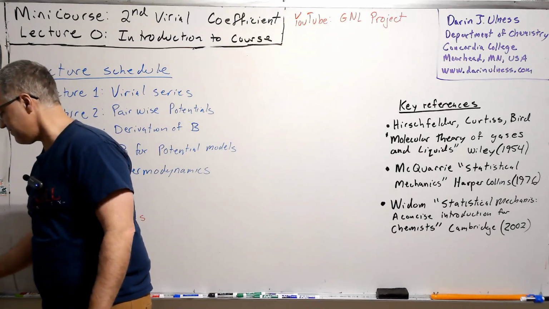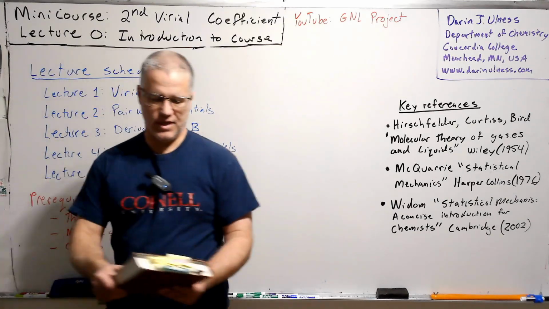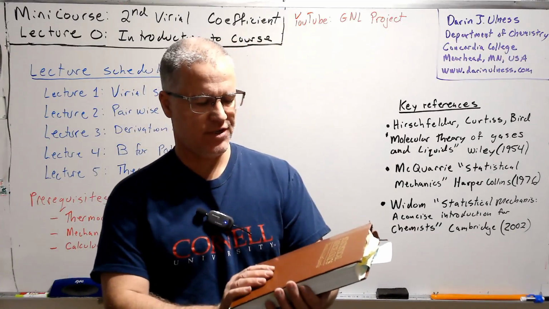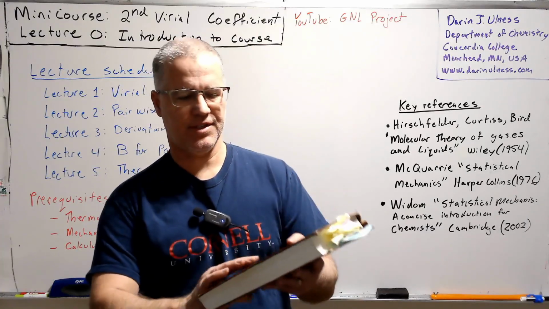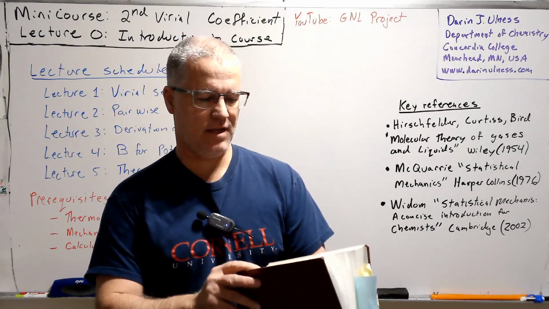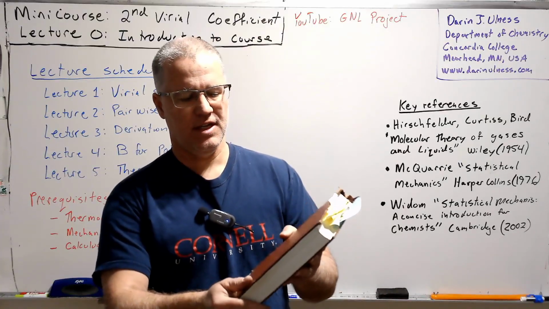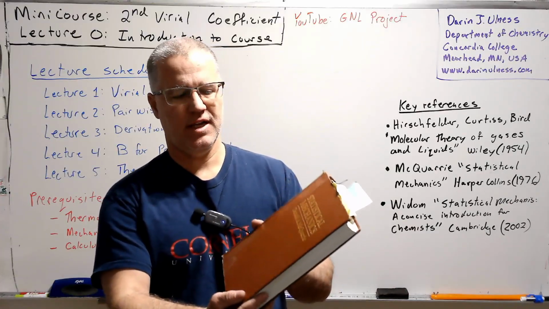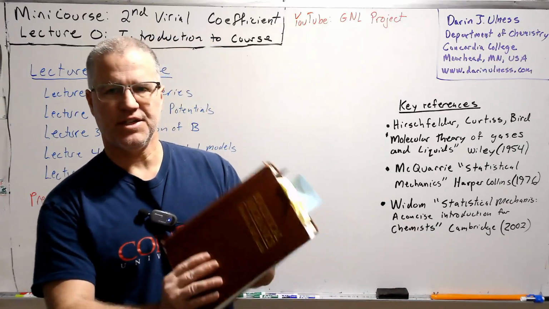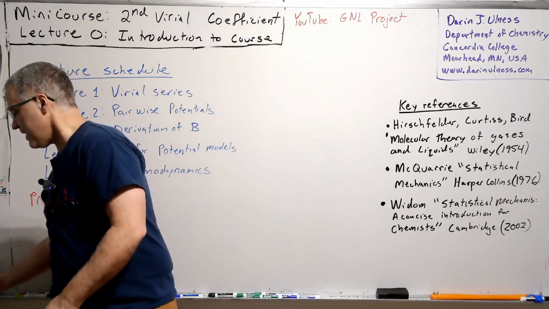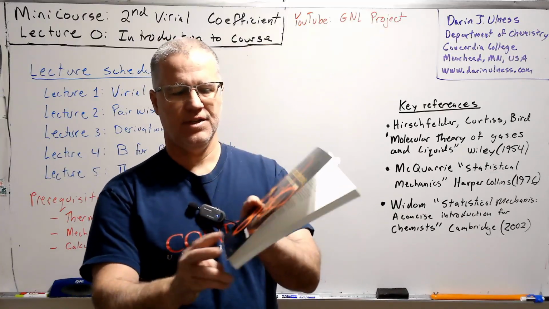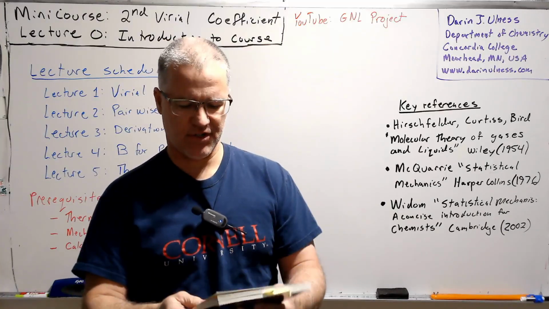Then the second book, this is my favorite book in statistical mechanics. It's what I learned my statistical thermodynamics from, and my statistical mechanics at Cornell. And so it's Donald McQuarrie, 1976, Statistical Mechanics. And then the last of this is a very small book by Ben Widom, Statistical Mechanics: A Concise Introduction for Chemists.